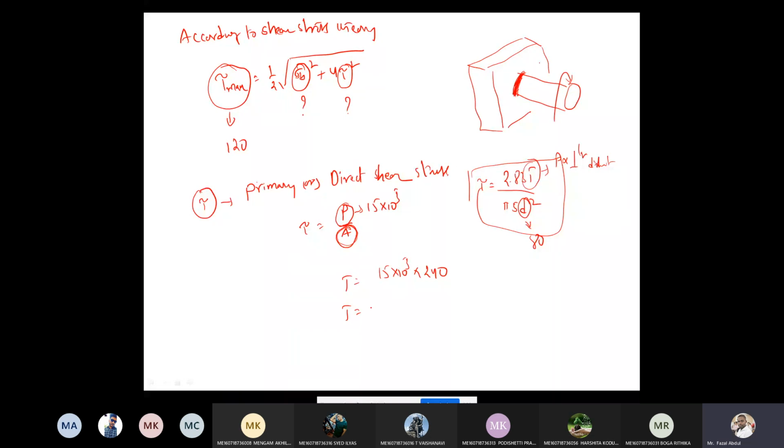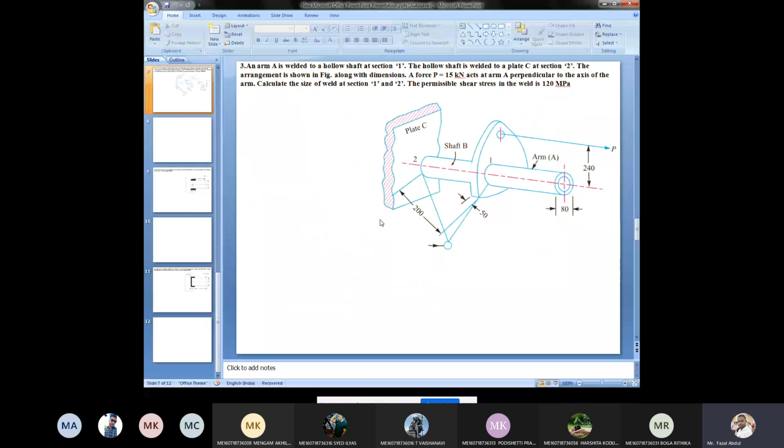Now tell me the T value, the torque generated on the shaft. How much T value, Bob?